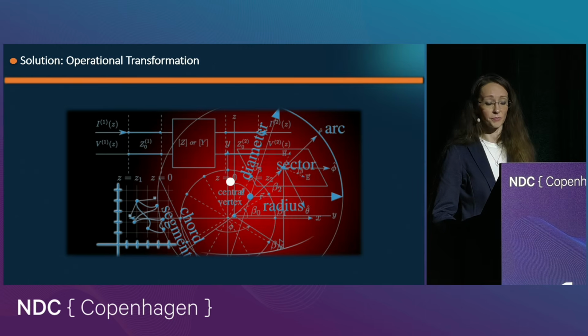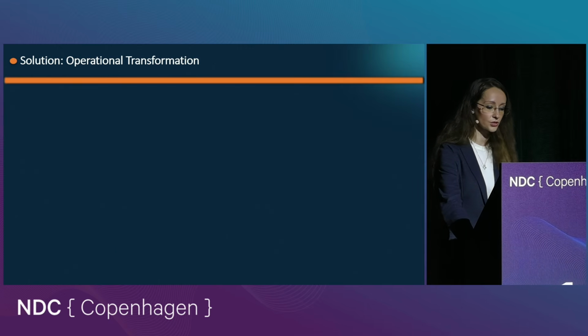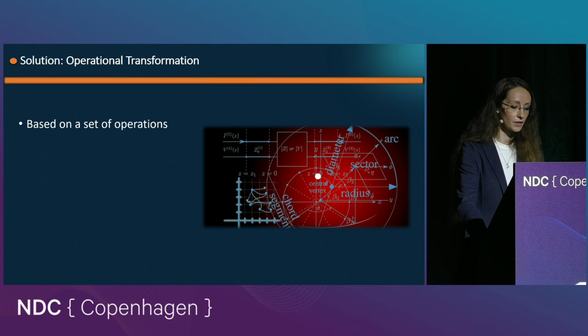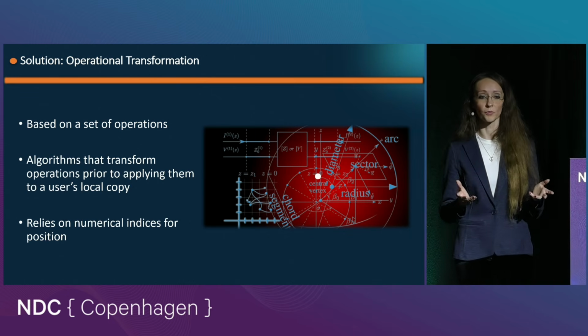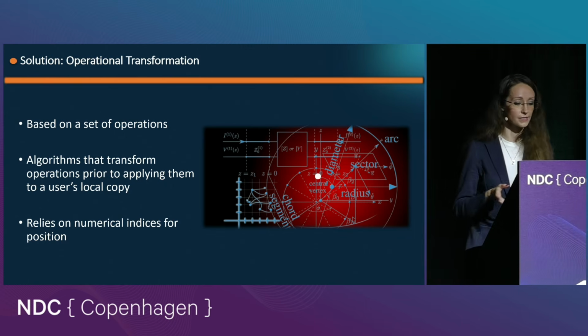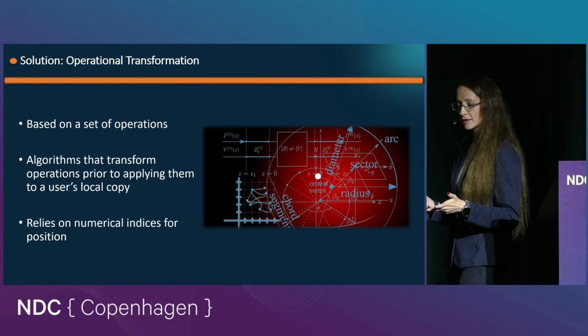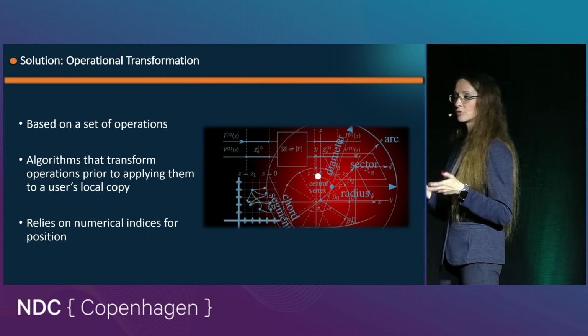It's purely an algorithmic solution with a lot of rules, because it is based on a set of operations, and all those operations rely on numerical indexes for the position.